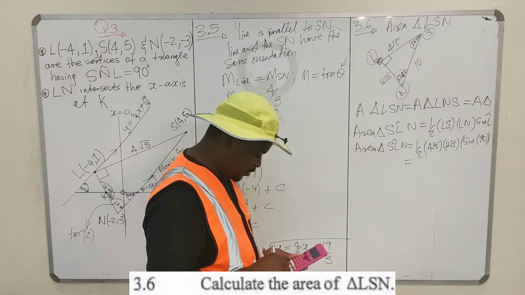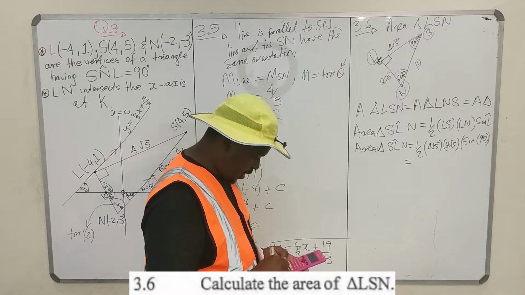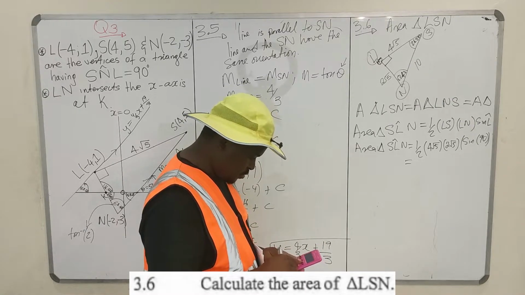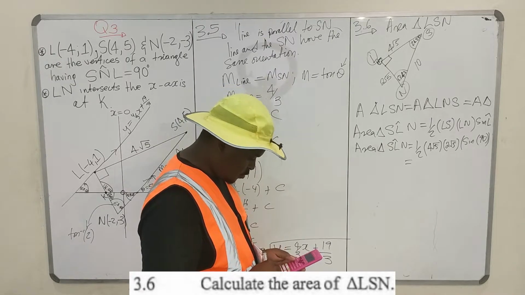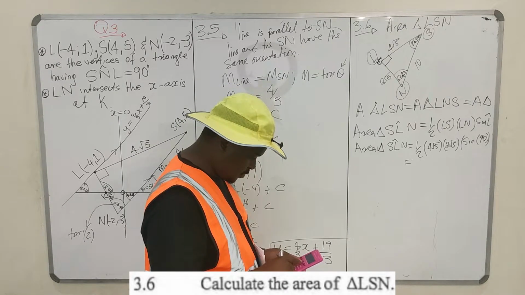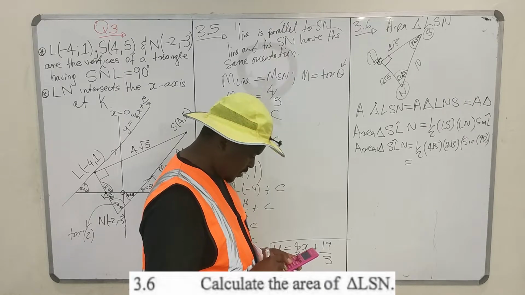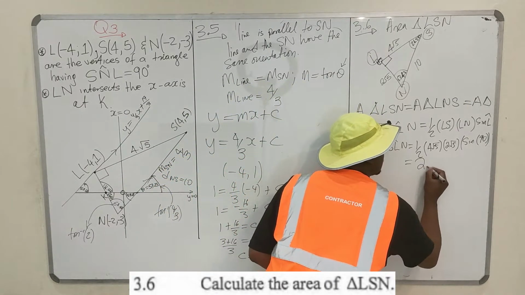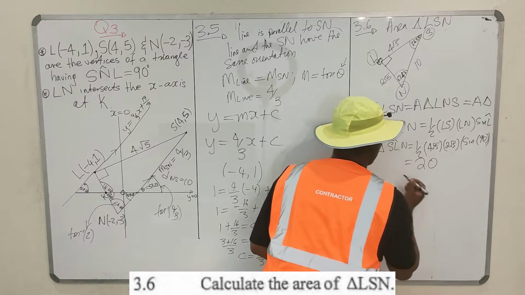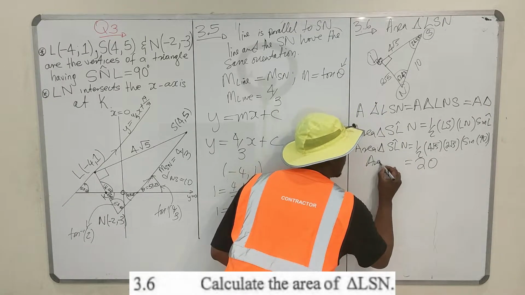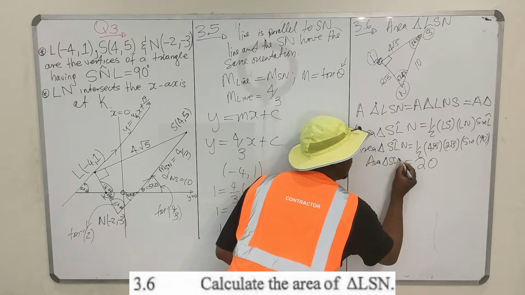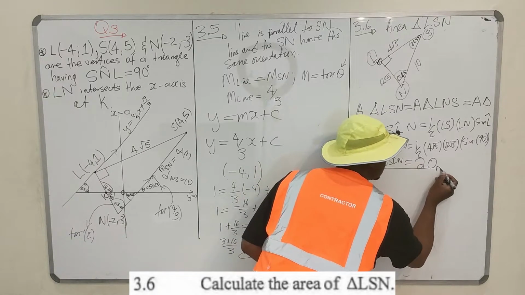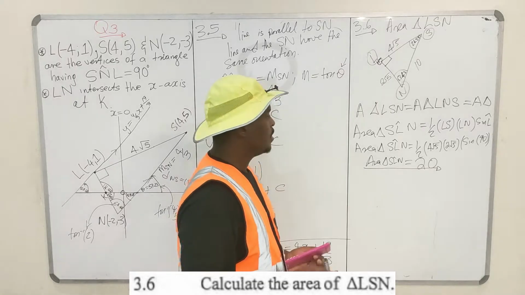So it's a half of 4 root 5 times 2 root 5 sine 90 degrees. So you get that your area is 20 square units, right? So the area of triangle SLN is 20 square units.